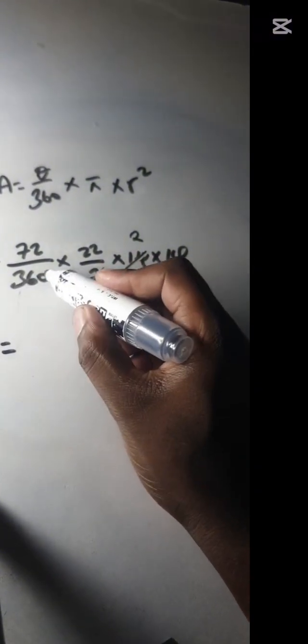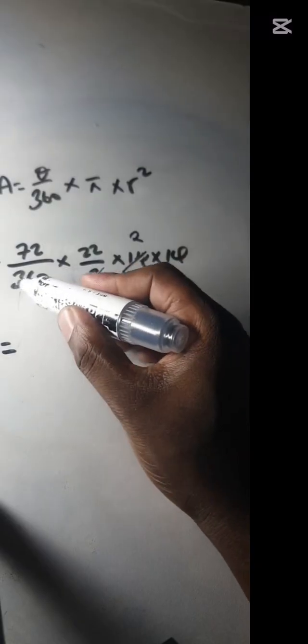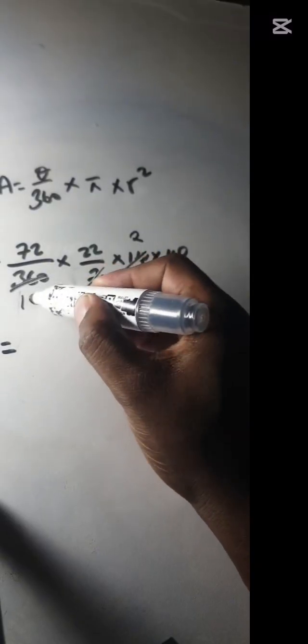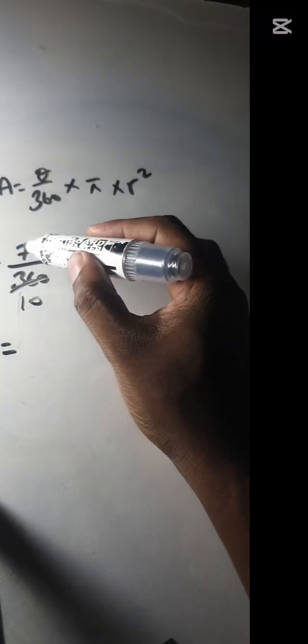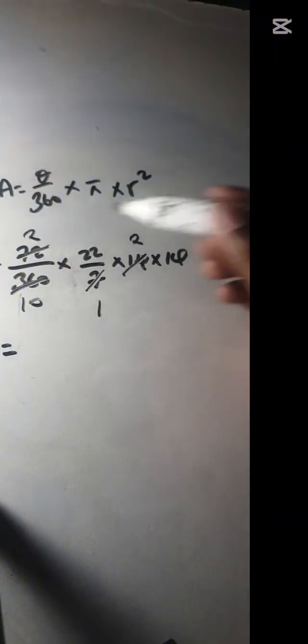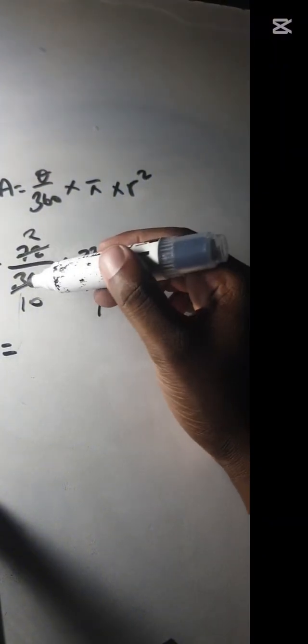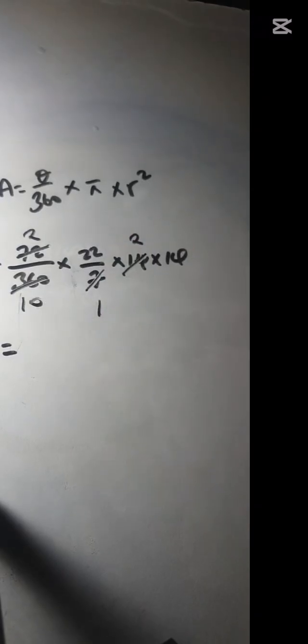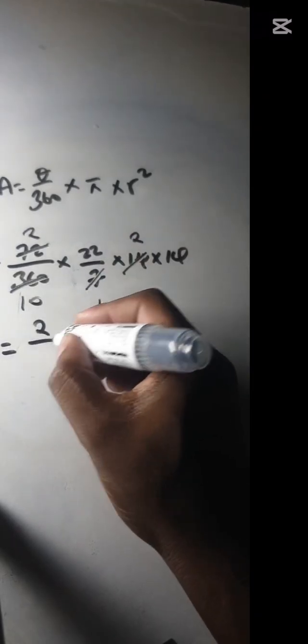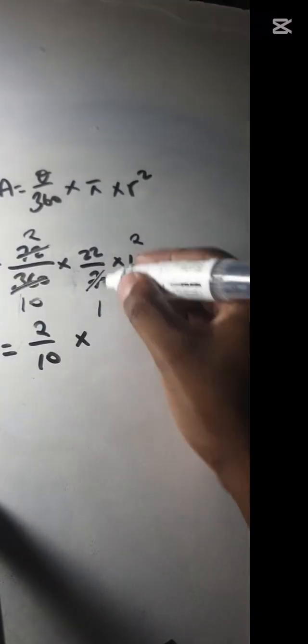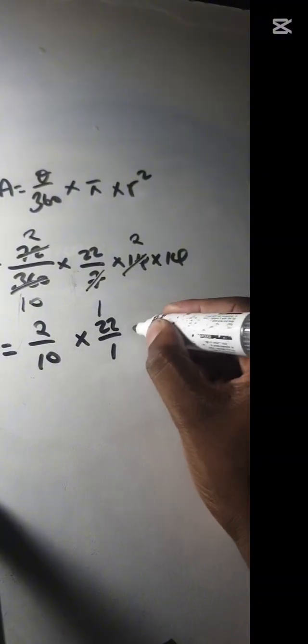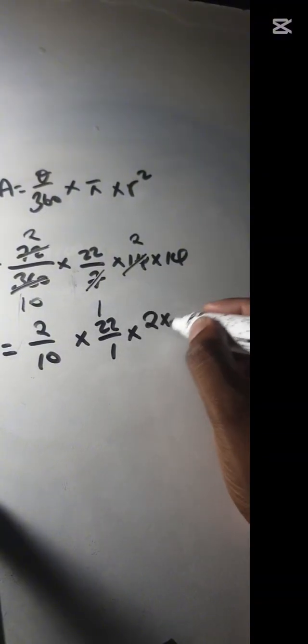Then I can simply go 36 into 360. 36 into 360 is 10. But 36 into 72 is 2. So now we have 2 over 10 times 22 over 1 times 2 times 14.